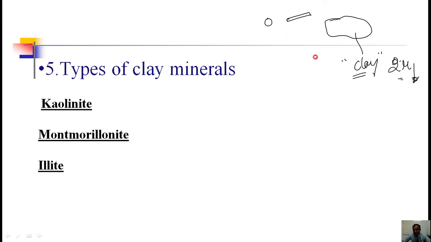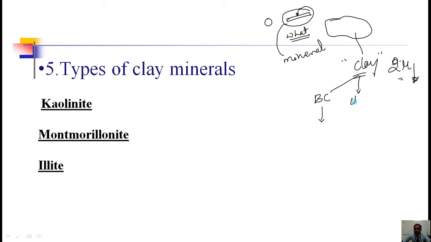Therefore, what are these clay particles made up of? Obviously, these clay particles are made up of minerals. But all clay particles or all clay behavior is not the same. For example, black cotton soil is a clay, and its behavior is different.